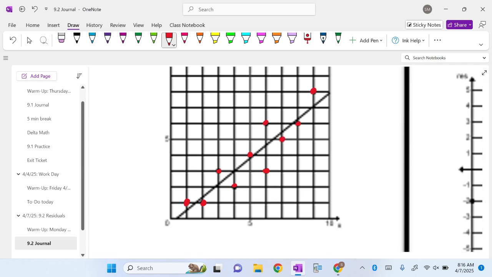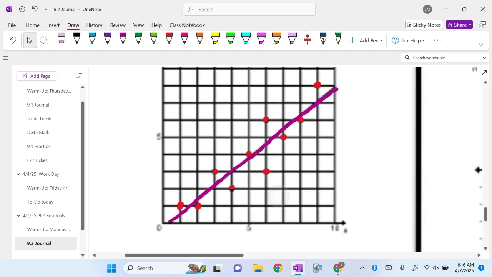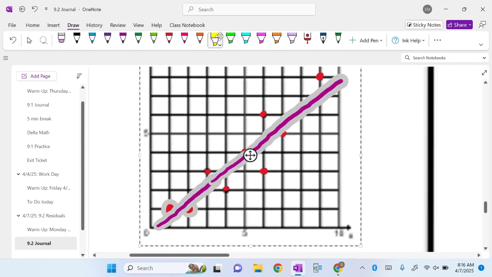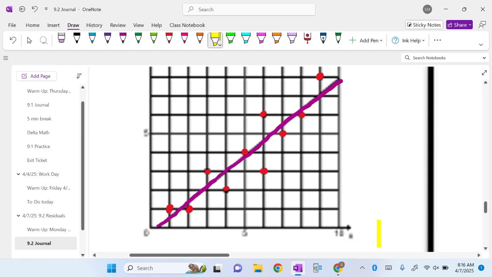All right, so there's all the points on the scatter plot, and here's the regression line. So I'm finding the red dot that's (4, 2). So I'm going to go over 4 and then up 2. So this point right here.